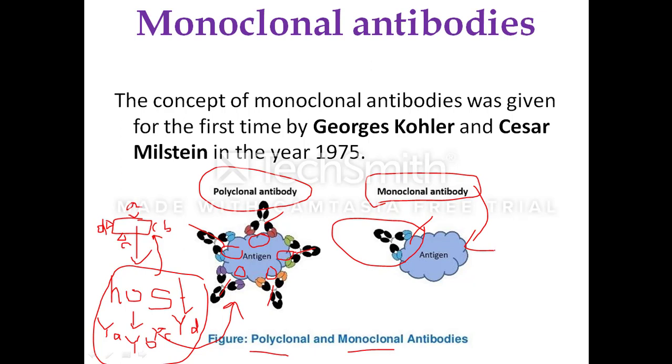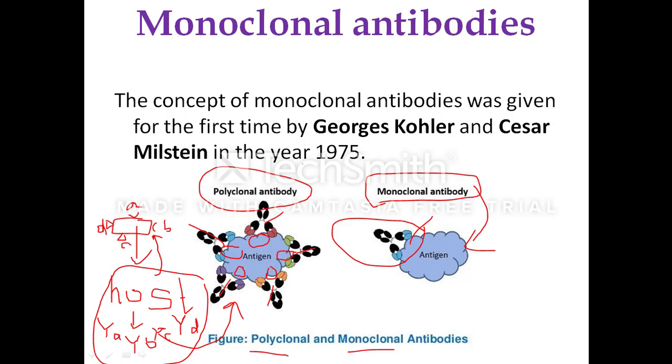So the concept of monoclonal antibodies was given for the first time by George Kohler and Cesar Milstein in the year 1975. These monoclonal antibodies are the antibodies that are specific to one particular antigenic determinant, as they are made by identical immune cells.